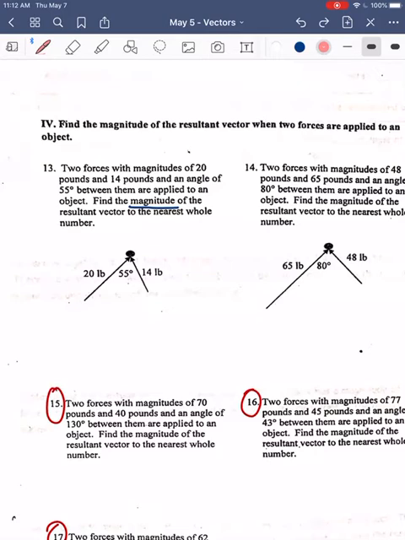So I'm going to drag this guy this way. Okay? So I'm just going to slide it. I'm going to try to make it parallel to what it was originally, because I don't want to change the direction. That's pretty good. So this is now 14 pounds. And then this 55 also is going to slide, right?